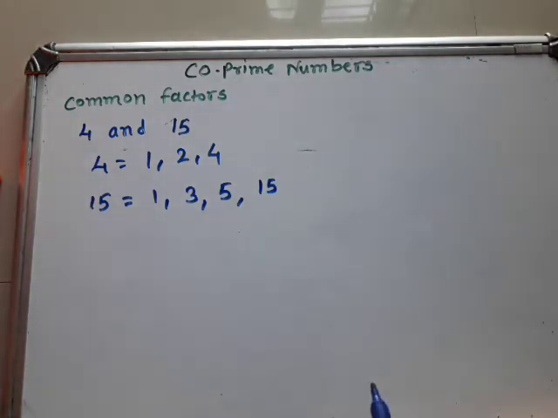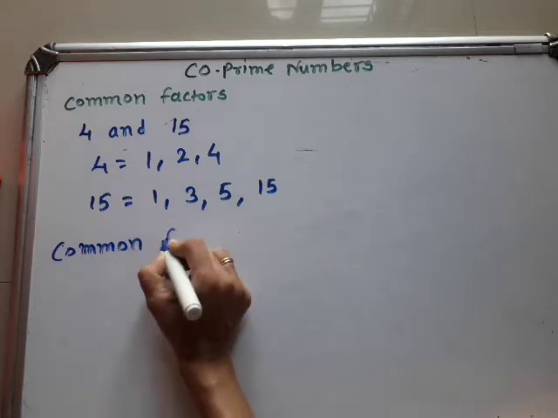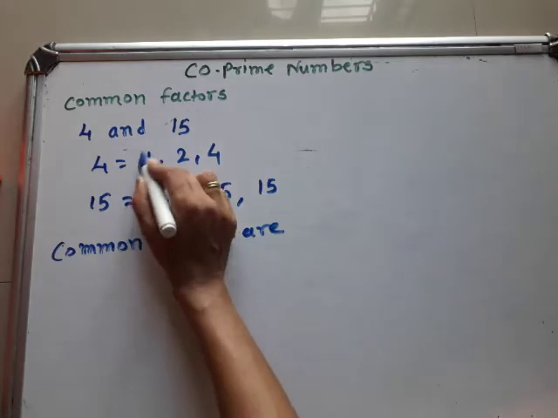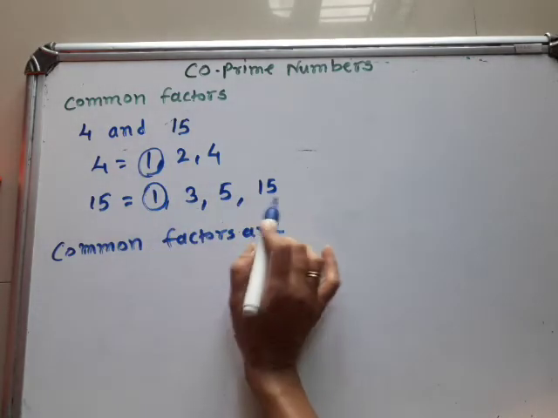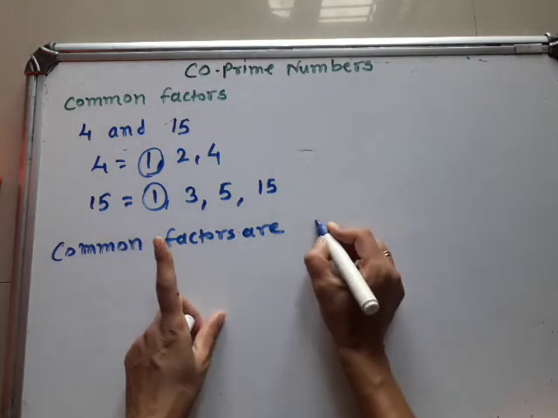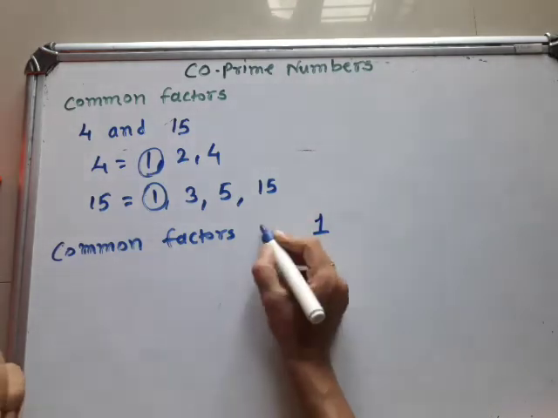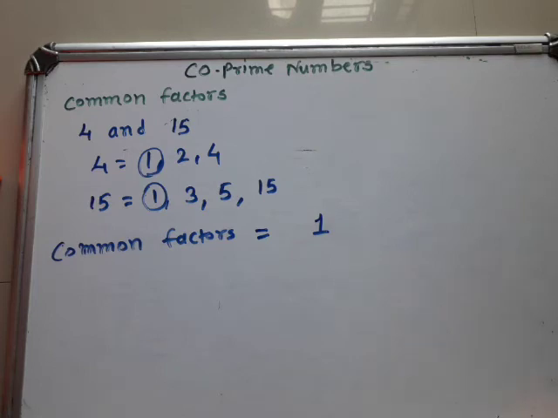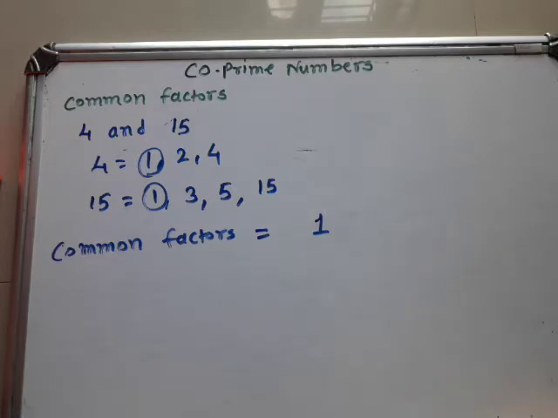Which are the common factors? We get only one common factor, that is 1. So two numbers having only one as the common factor are called co-prime numbers.